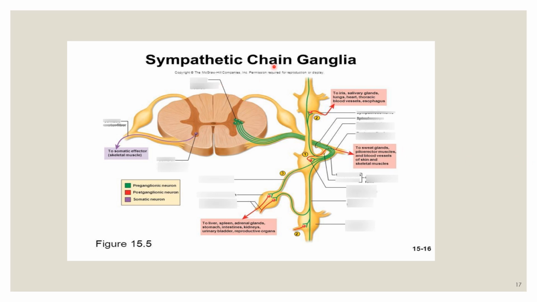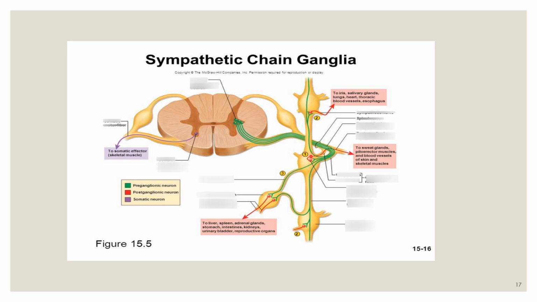You see the sympathetic chain ganglia; they may be prevertebral, paravertebral or terminal ganglia. See here, from the intermediolateral horn, these fibers are emerging, the preganglionic neurons, which are colored green. Then they will enter into one of the ganglia. Then what happens? They may travel up or down, or they may synapse at the level of the ganglia.